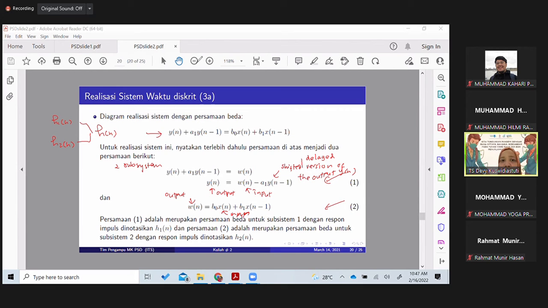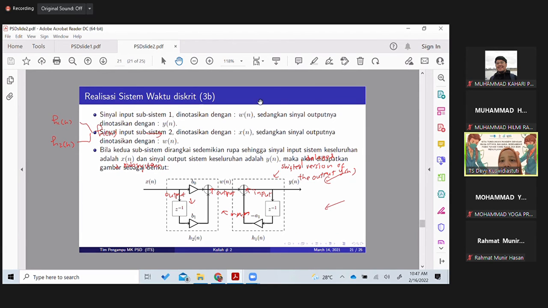So you could sketch on your diagram two subsystems, H2n and H1n.